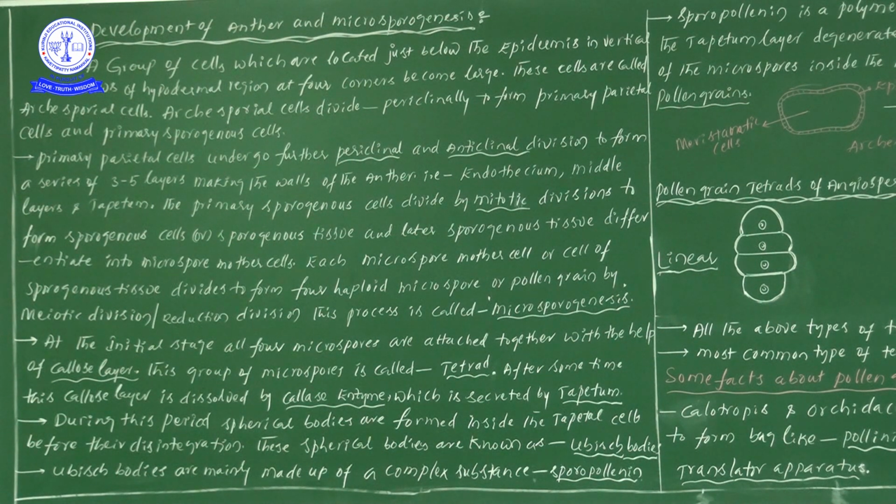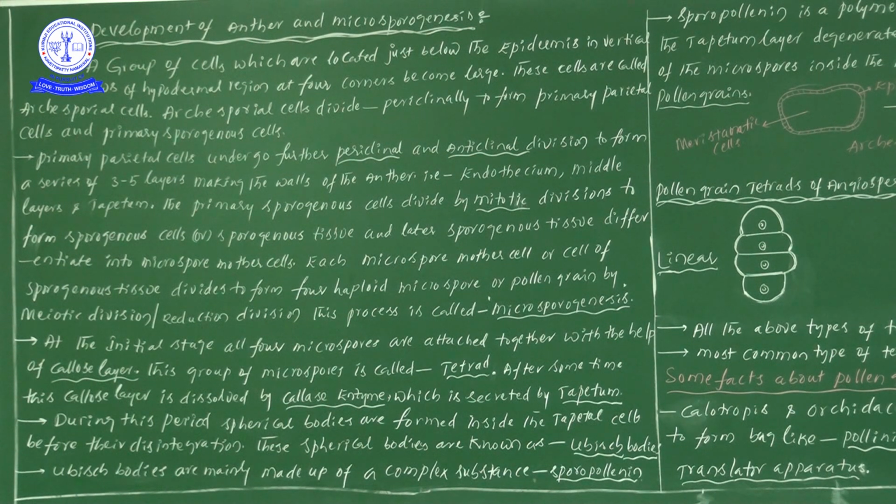Right. Next point. At the initial stage, all 4 microspores, how many microspores are formed? 4. All these 4 microspores are attached together with the help of the callose layer.